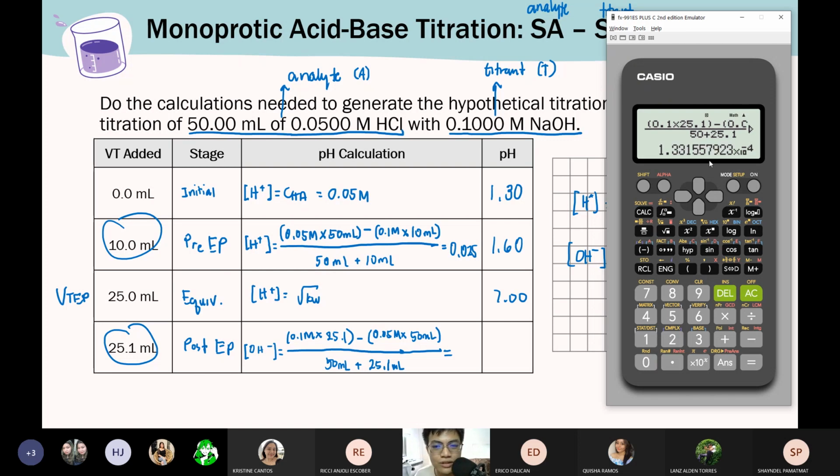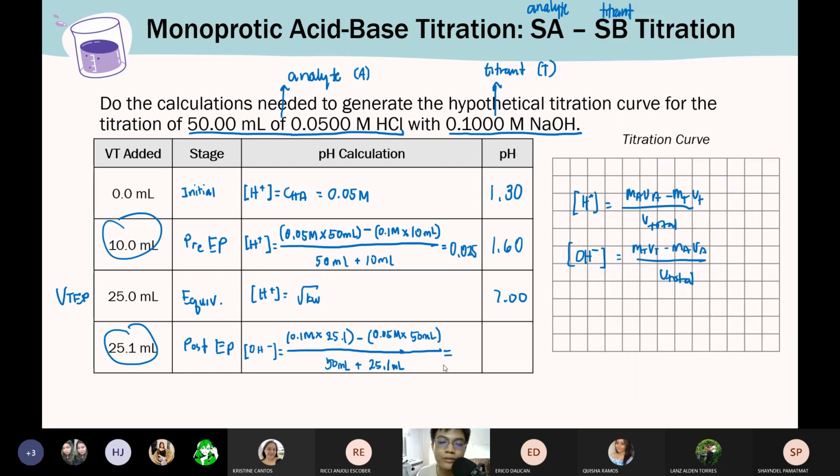This is the OH concentration, 1.33 times 10 raised to negative 4. Okay, that's the molarity of your OH, 1.33 times 10 raised to negative 4.